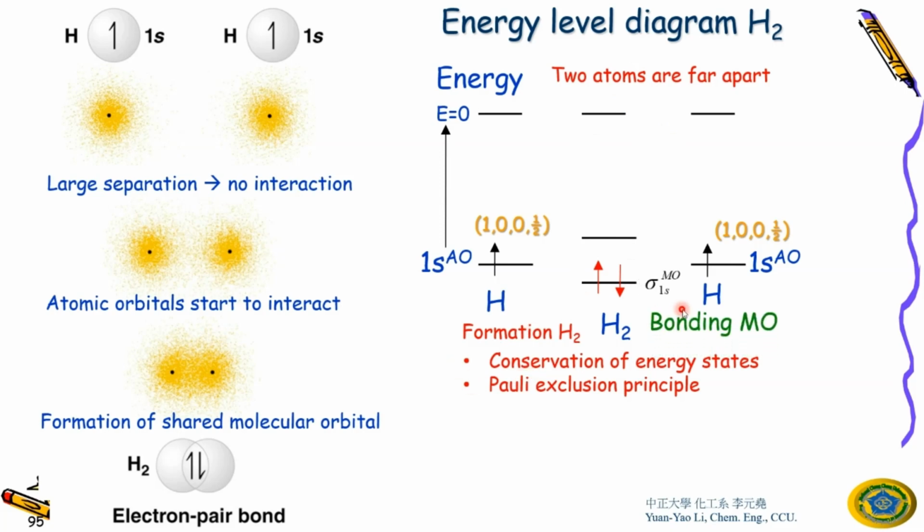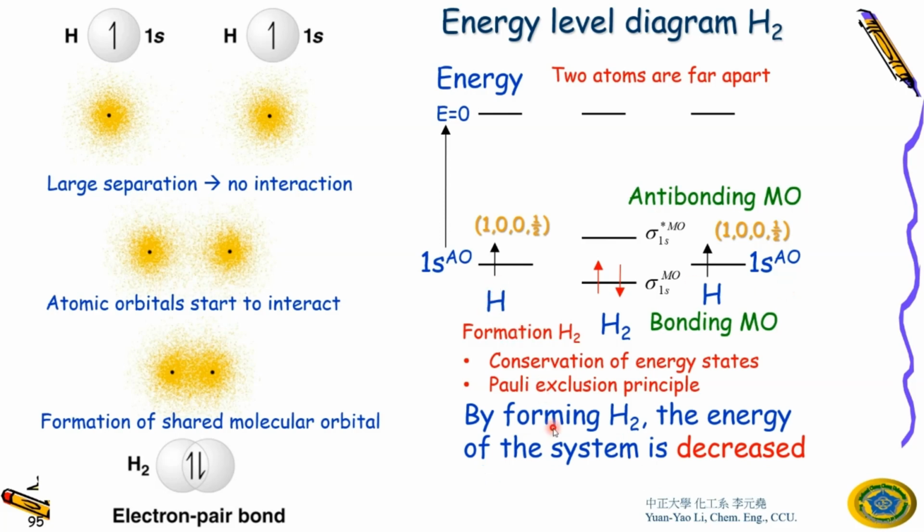In this case, this energy state we call the bonding molecular orbital. And this one we call the anti-bonding molecular orbital. Somebody reads it with a British accent, but it is the same. So this is the energy level diagram of hydrogen.